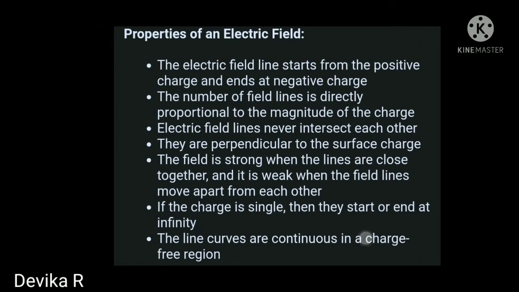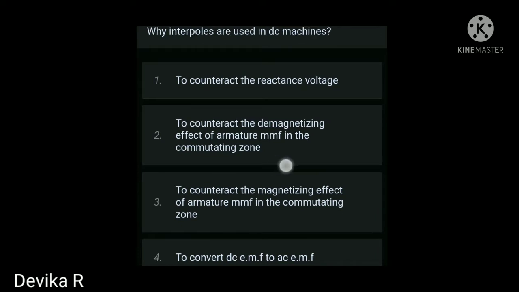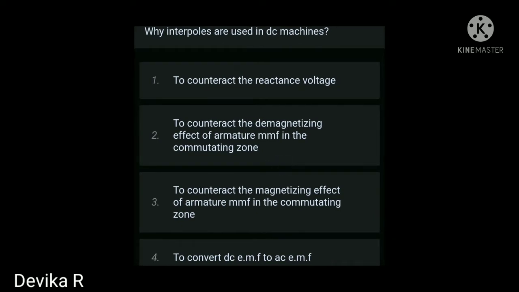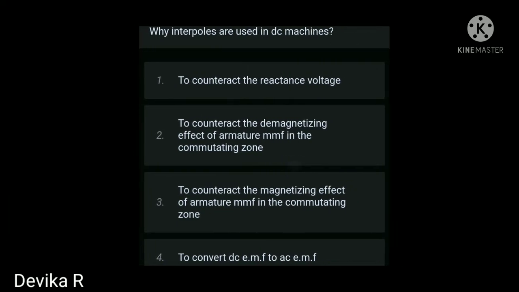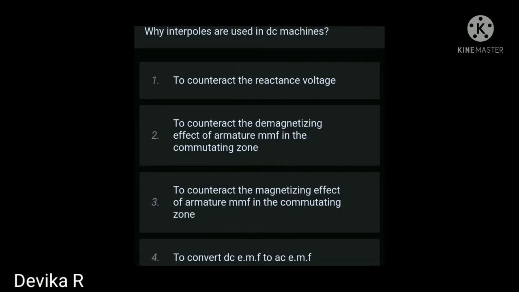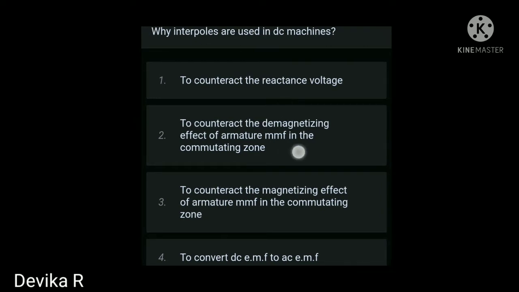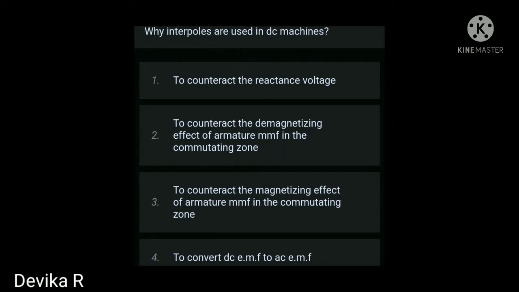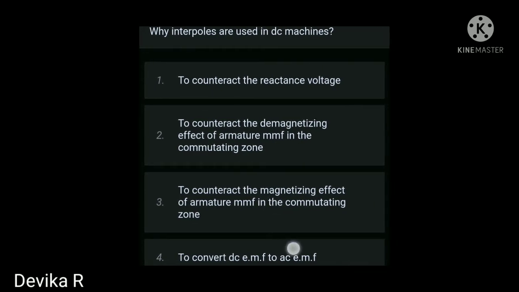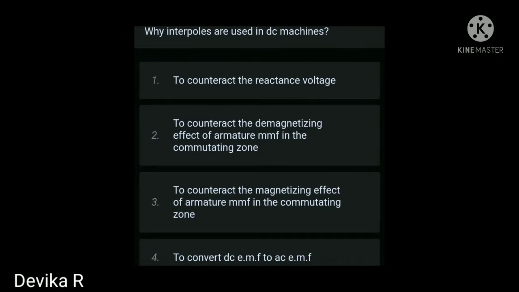Okay, the next question. Why are interpoles used in DC machines? Interpoles are used for two purposes: the armature reaction and the commutation process. The options were: to counteract the reactance voltage; to counteract the demagnetizing effect of armature MMF in the commutating zone; to counteract the magnetizing effect of armature MMF in the commutating zone; and to convert DC EMF to AC, which is a wrong option.